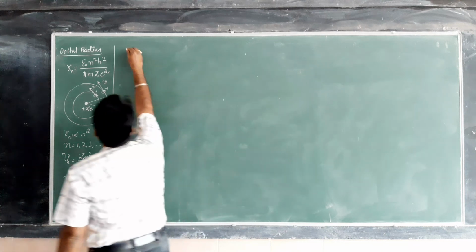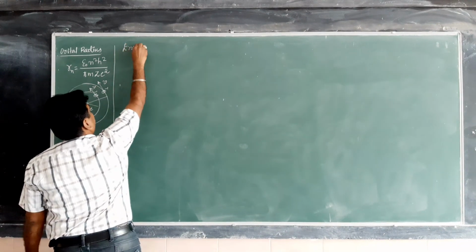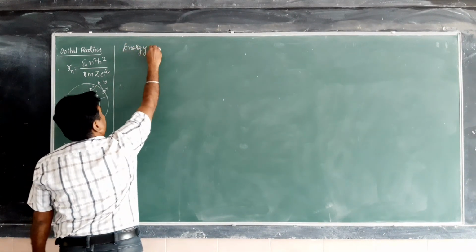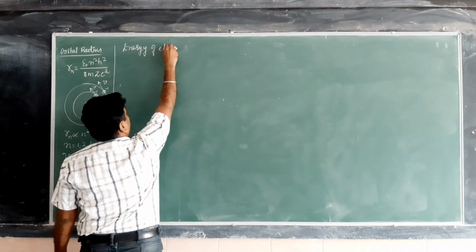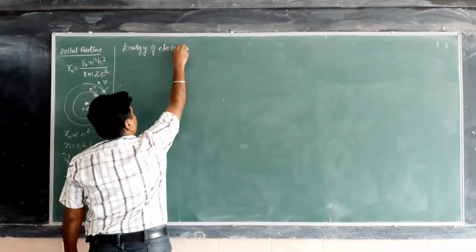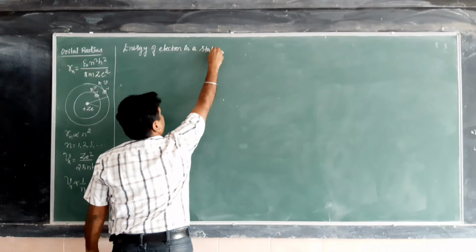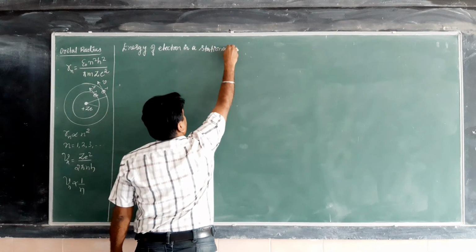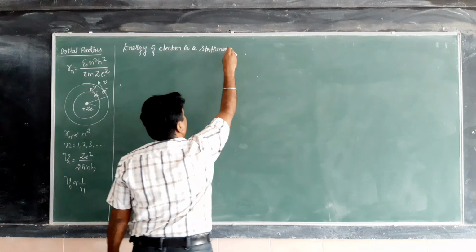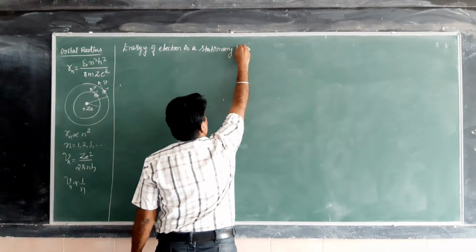So, energy of electron in a stationary orbit.